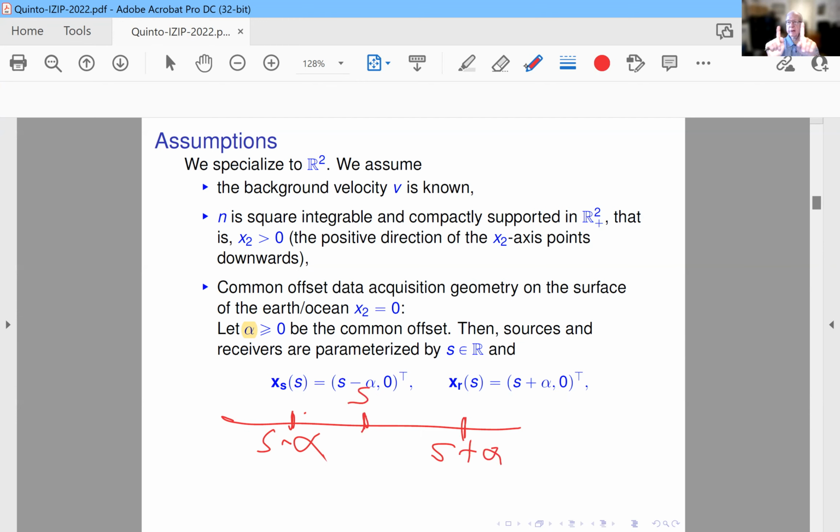And so we move s and we move the sources and receivers. Now, they don't always take data this way. The geophysicists tell us that from the data they do take, it's the ones in Karlsruhe, you can get this common offset data.